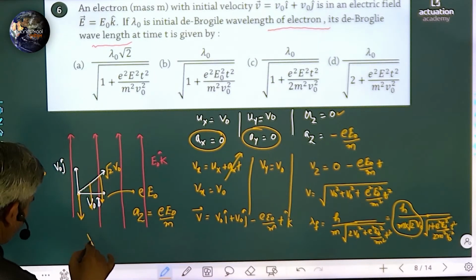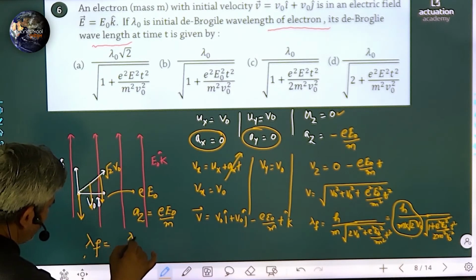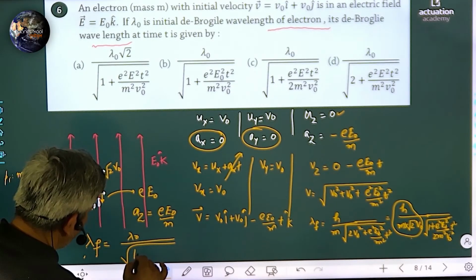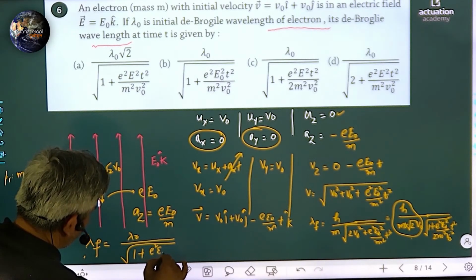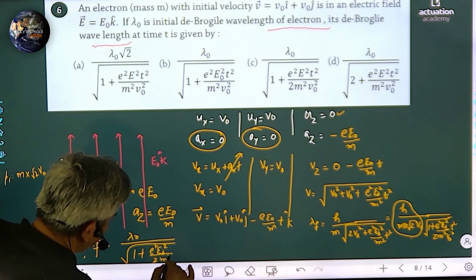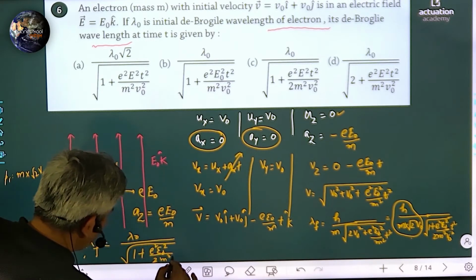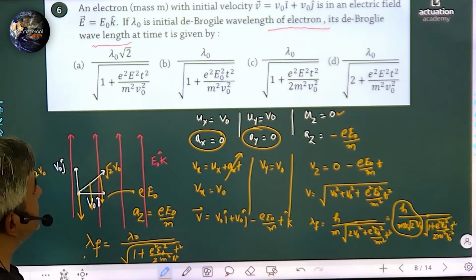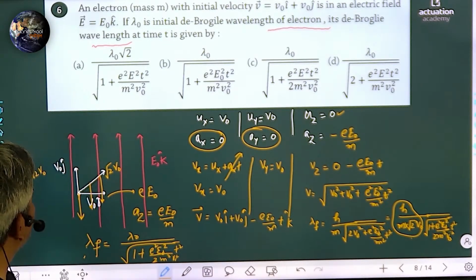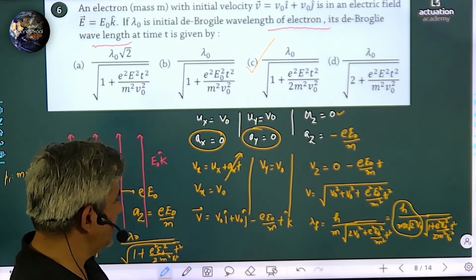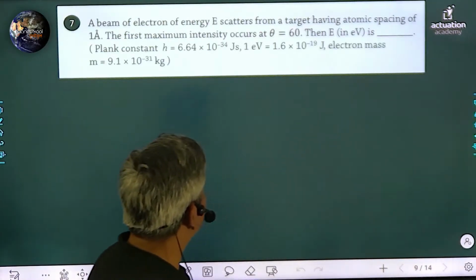So, final wavelength can be written as the initial wavelength divided by under the root of 1 plus e square E naught square by 2m square V naught square into t square. Out of the given options, this is option number C. Now, let's move to the next question.